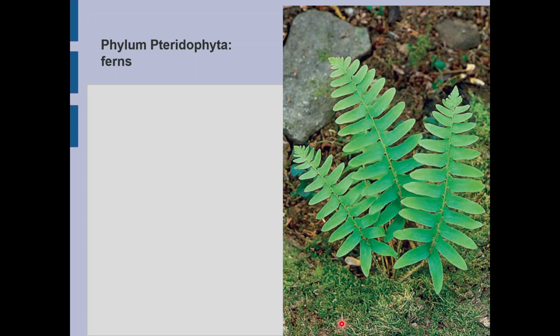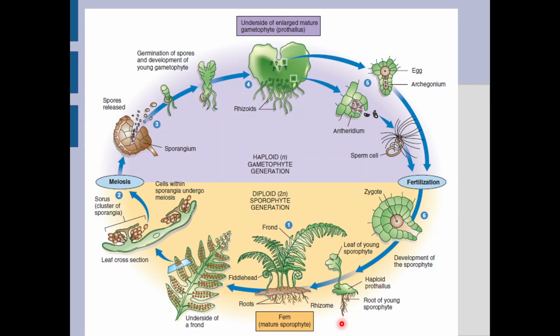In the house plants that we grow as ferns, we have a sporophyte generation, and a fern sporophyte consists of a horizontal stem that is called rhizome.